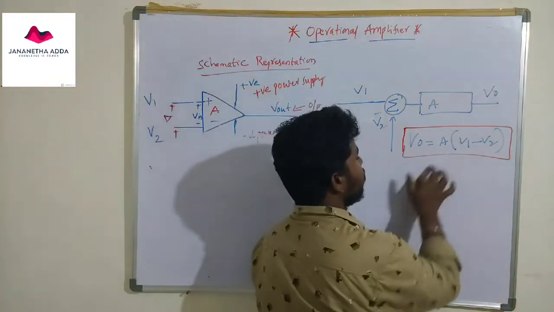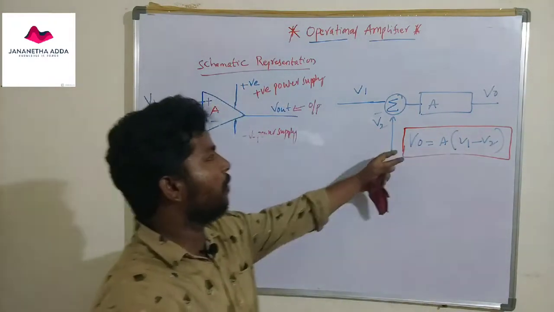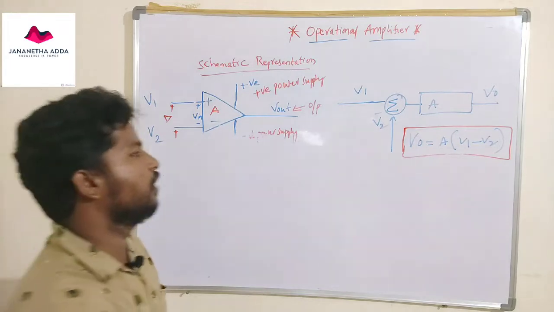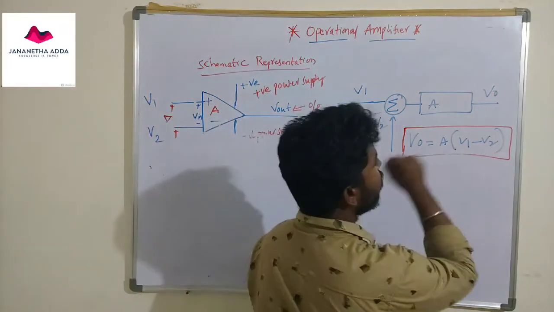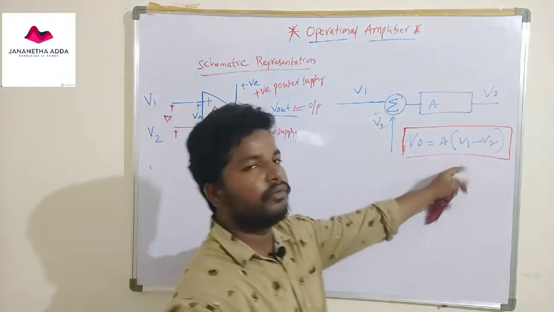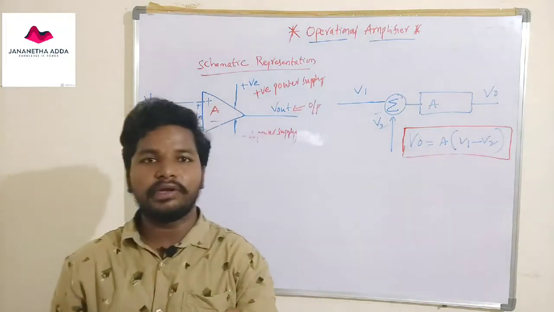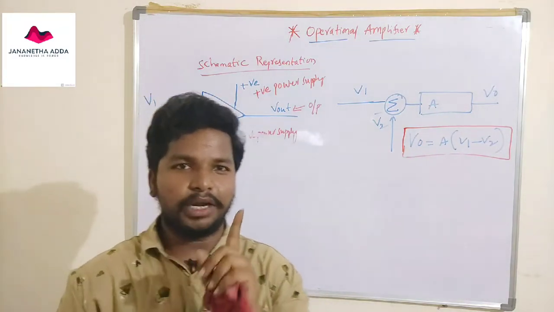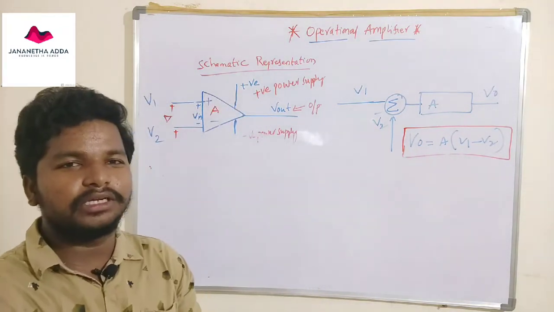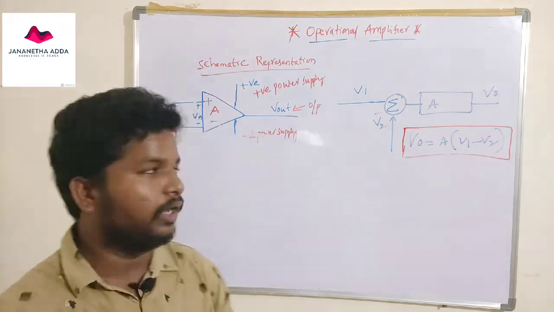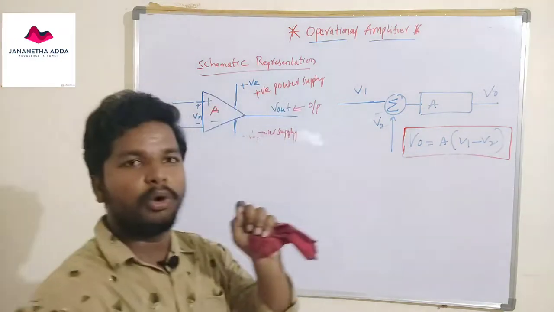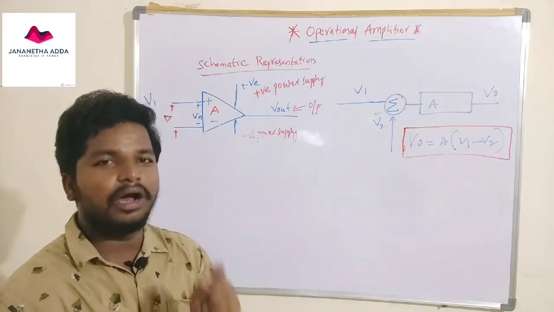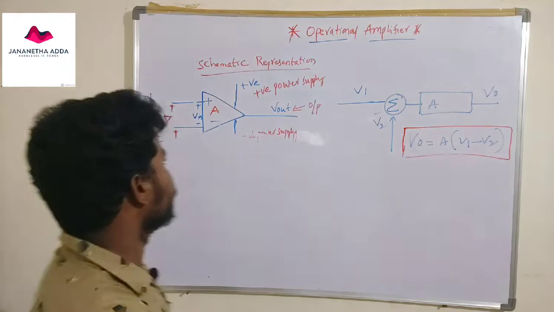So this is the representation of our operational amplifier gain: V output equals A times (V1 minus V2), where V1 and V2 are both measured with respect to ground, and A is the open loop gain, differential gain or DC gain.